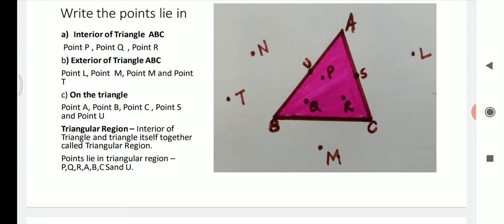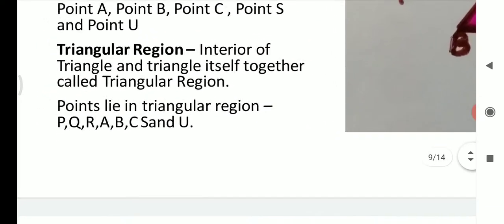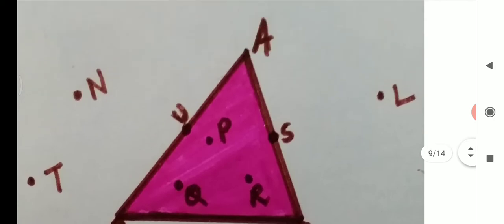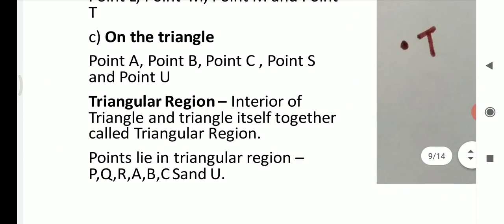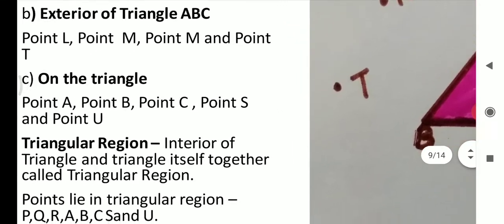What about the triangular region? There is one more concept we are going to study here, the triangular region. What does a triangular region mean? The interior of a triangle, the pink part, and the triangle itself, the boundary, the brown part.